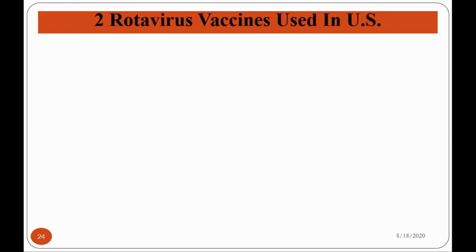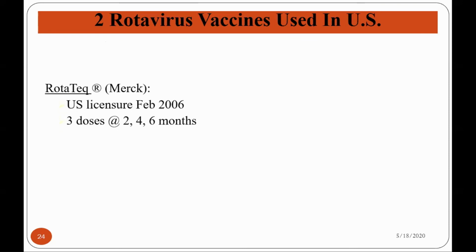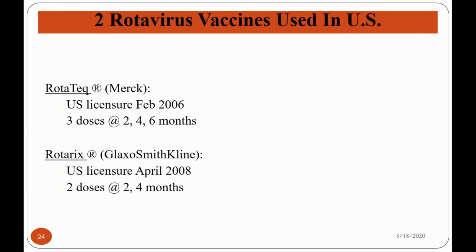That's why later on, second generation rotaviral vaccines were developed by scientists in the years 2006 and 2008. Those vaccines are Rotateq and Rotarix, and they are comparatively safer than the first generation rotaviral vaccines.